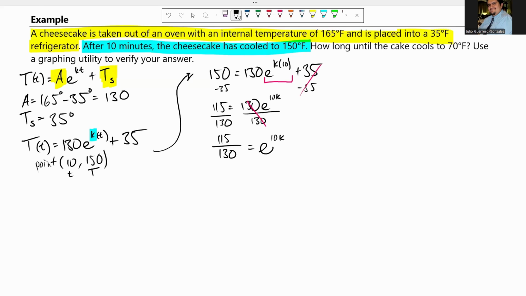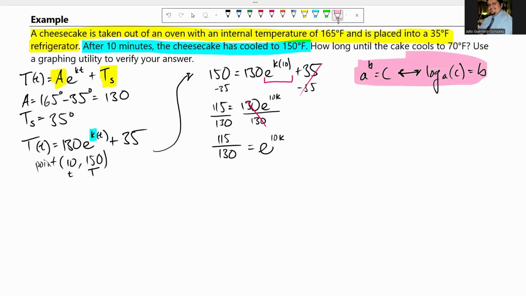A to the B is equal to C is equivalent to log base A of C is equal to B. From this conversion we've been playing around with, we have the left side, and we get to change it into the right side. Log base e of 115 over 130 is equal to 10k.